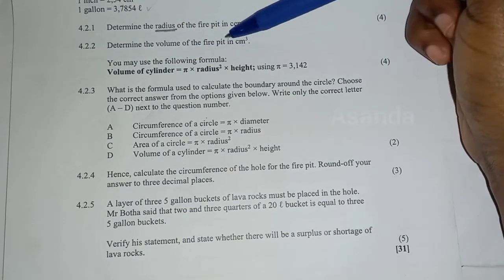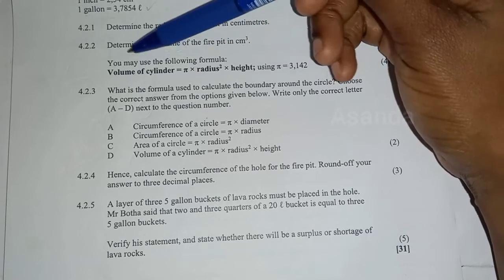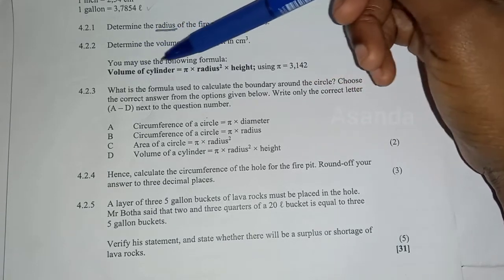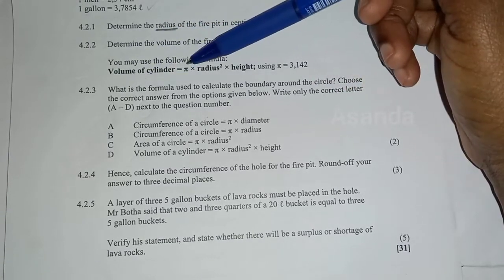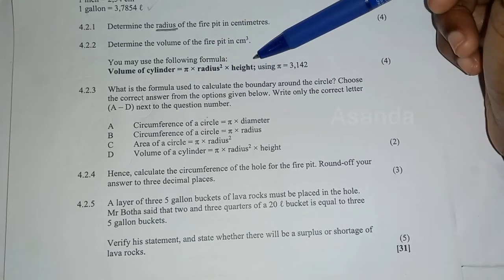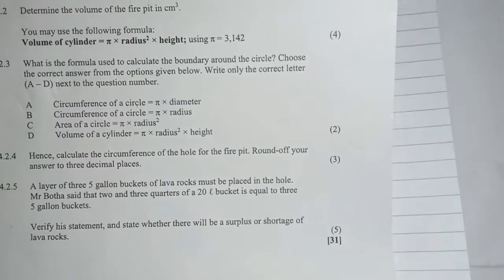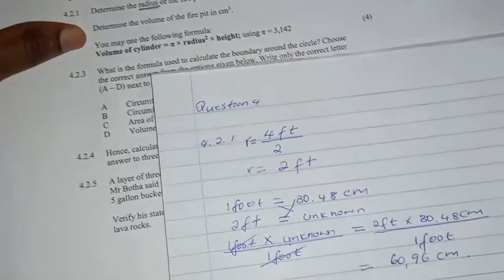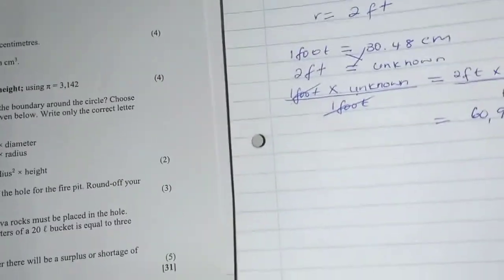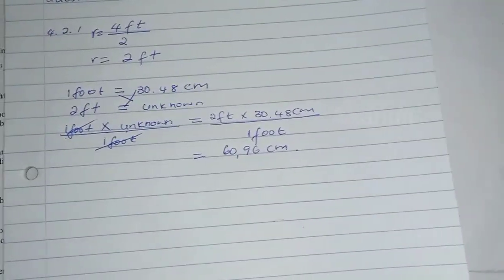Determine the volume of the fire pit in cubic centimeters. Okay, so you may use the following formula. Volume is equal to pi times radius squared times height. I'm calculating the volume, so that's my unknown this time. I must calculate the volume in centimeters because it needs to come out in centimeter cubed.